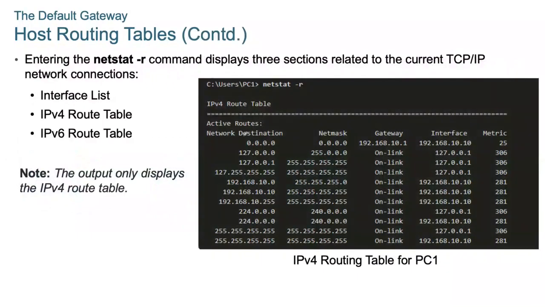By giving the netstat -r command on your PC, if you open the command prompt and write this, it will give the routing table, the active routes, which consist of your network destination, network mask, default gateway, and the incoming interface and outgoing interface.